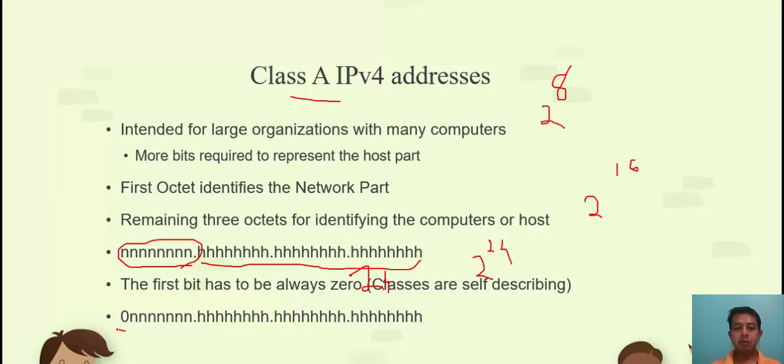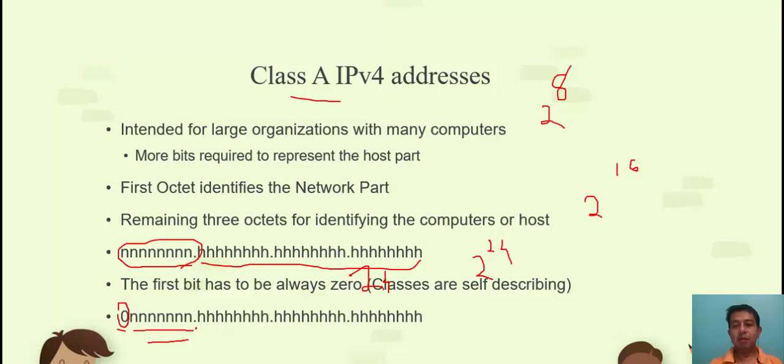Clear? Now again come back to this. In the class A addresses, 8 bits were used for the network part and 24 bits for the host part. Of the network part, the first bit 0 is fixed. How many bits are remaining for the network part? 7 bits are remaining.